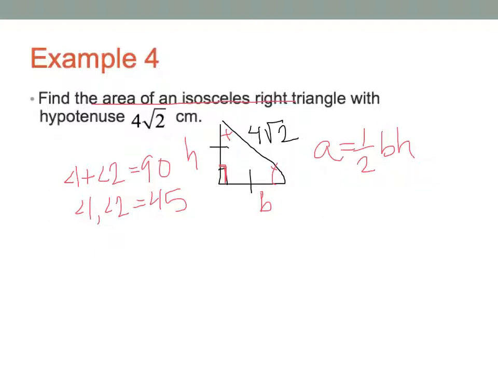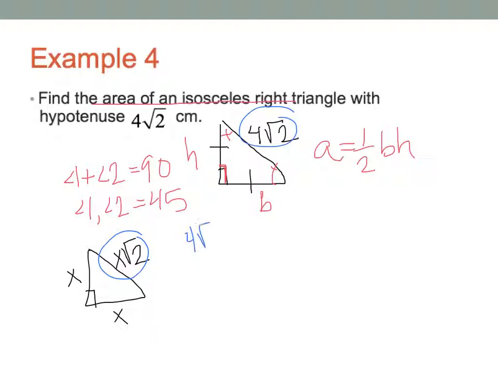And if we take a look at the original of it, if these are both x, this is x root 2. The hypotenuse is always going to be x root 2. So let's do that with these two here. 4 root 2 equals x root 2. Divide both sides by root 2, and I get x equals 4.